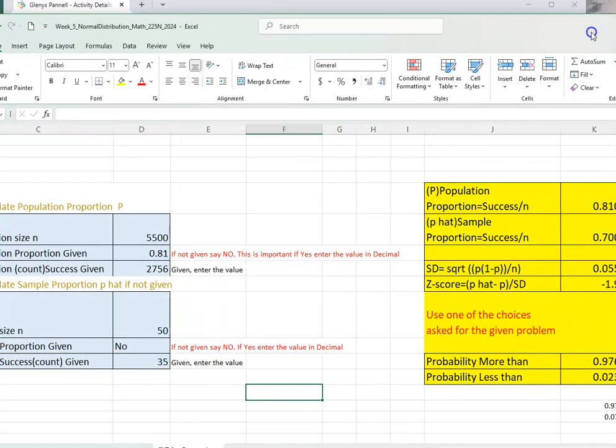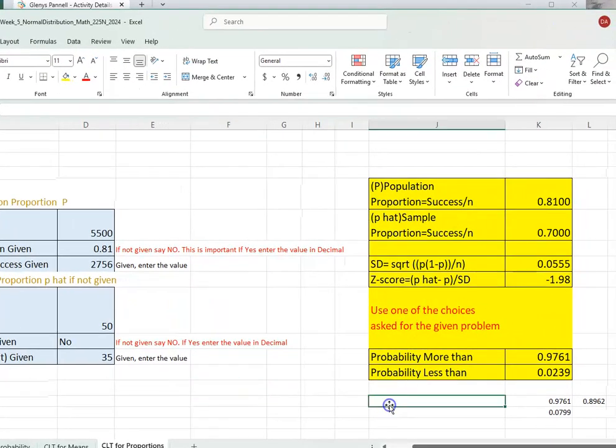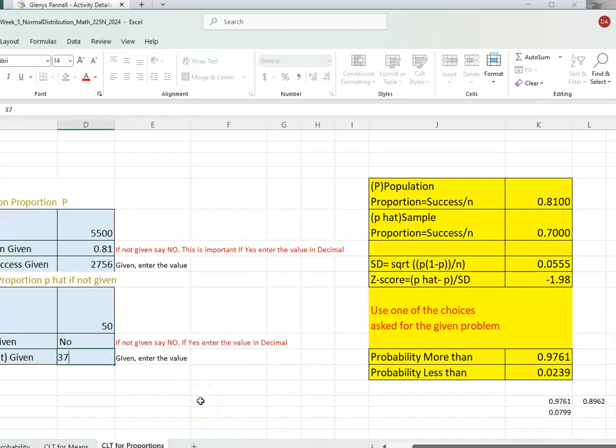So if I look at here, I need between 35 and 37. So that's more than 35 all the way up to 37. So the probability that it's more than 35 is 0.9761. Now I don't want everything more than 35. I want to cut off at 37. So out of that 97.61, let's see how much of that is more than 37.